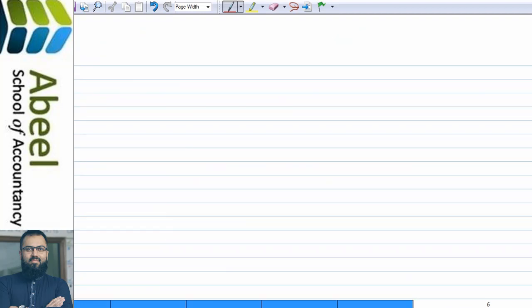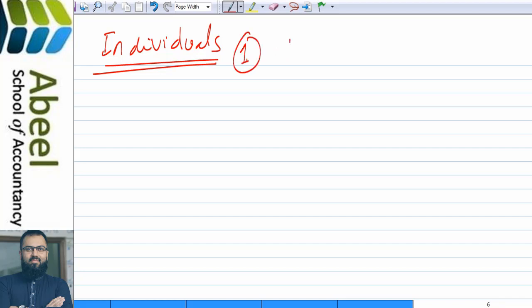Now let's go ahead. When it comes to individuals, individuals have different heads of income. Number one is non-saving income.